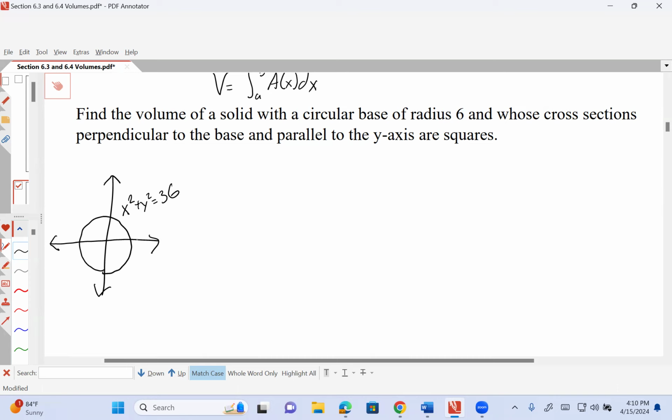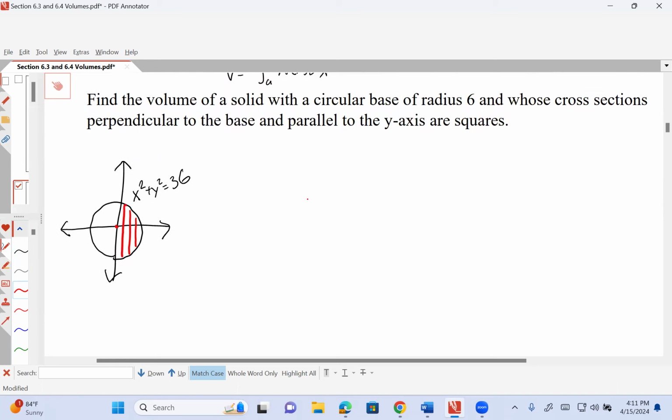And we are slicing up our object that is coming up in this third z direction. We are slicing parallel to the y-axis, so perpendicular to the x.